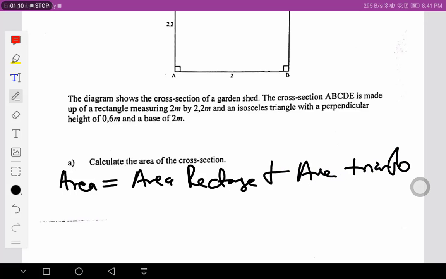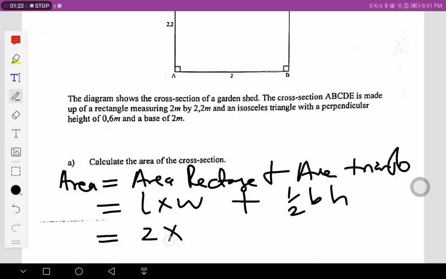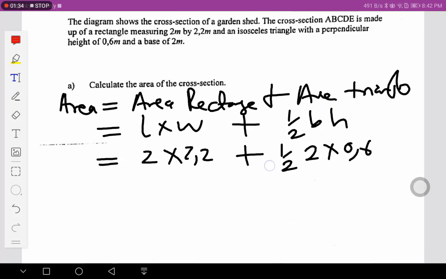Okay, so my area for rectangle is length times width plus area of my triangle, half base times height. Okay, so my length is 2 times width there, which is 2.2 for my rectangle, plus half base 2 times height 0.6. Let's simplify that.